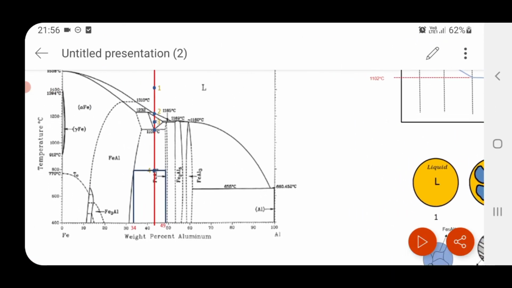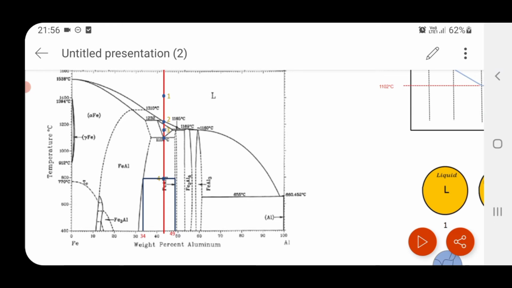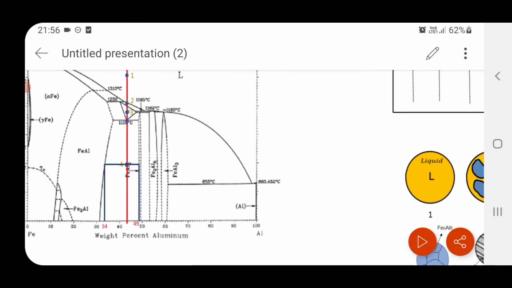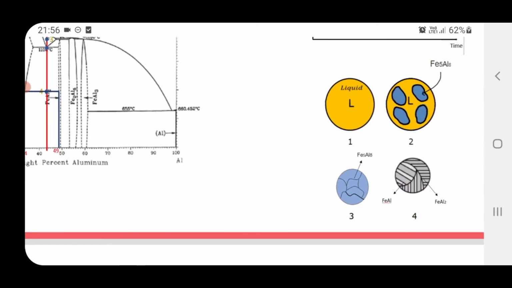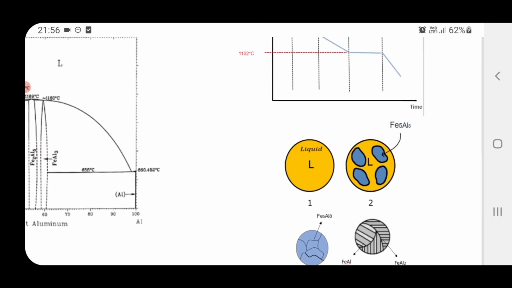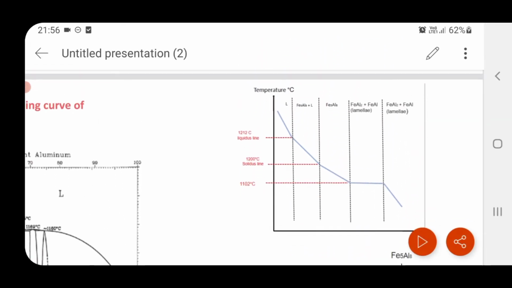But when it reaches the temperature of 1102, it will become lamella of FeAl and FeAl2, which we can see from the cooling curve.